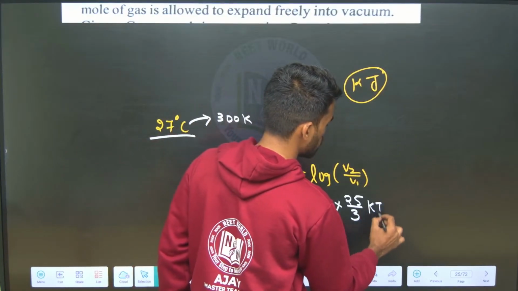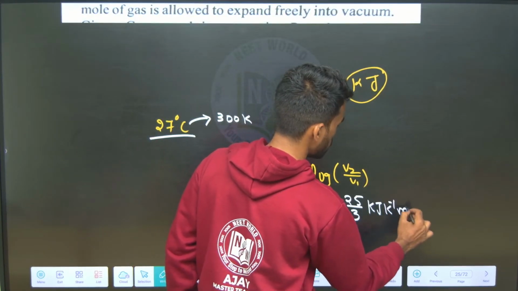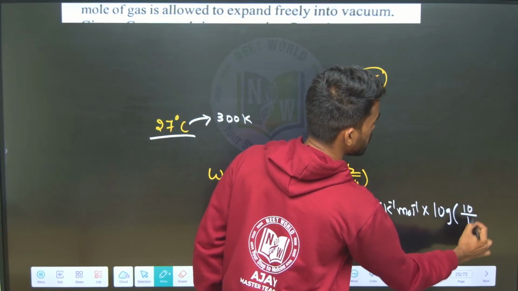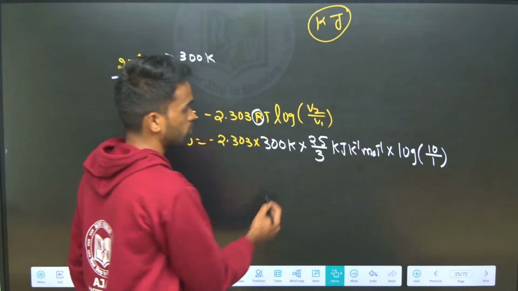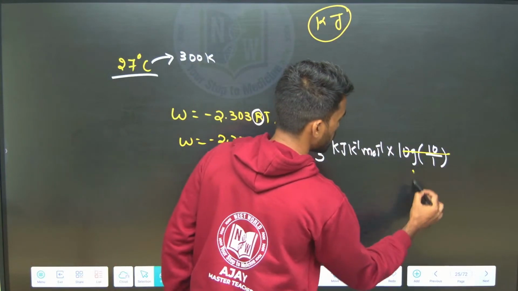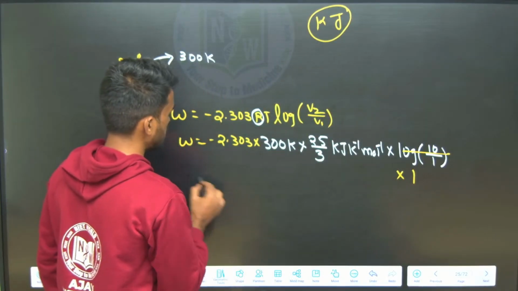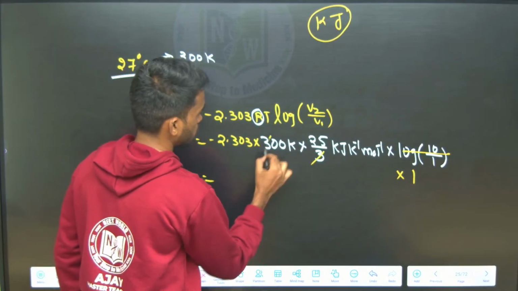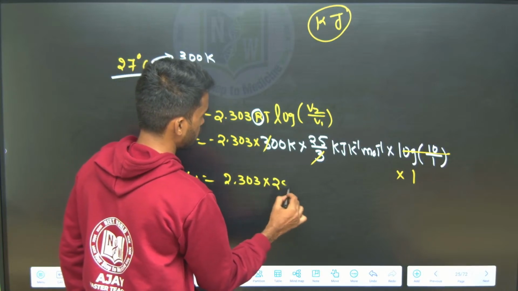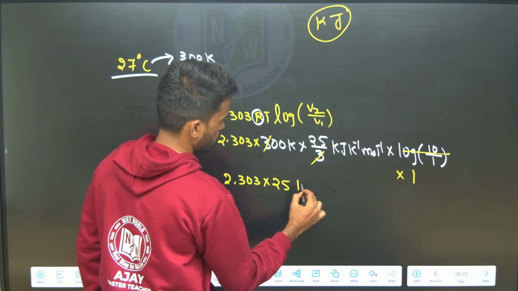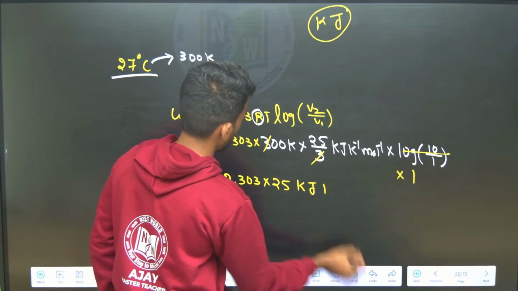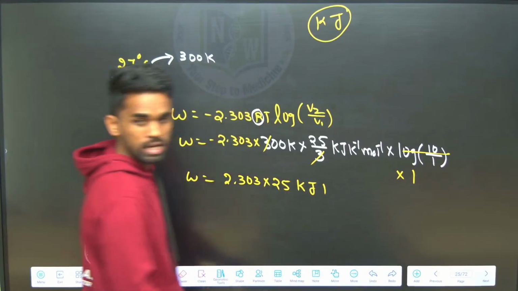The units are kilojoule per Kelvin per mole, into log V2 is 10, V1 is 1. So log 10 is 1, so this value will be 1. Next, here we have 2.303 into 25, kilojoule per Kelvin over Kelvin per mole is also over. 1 mole I told now.